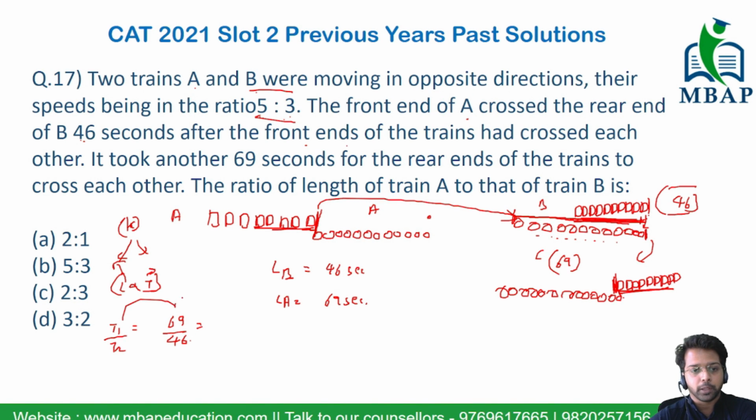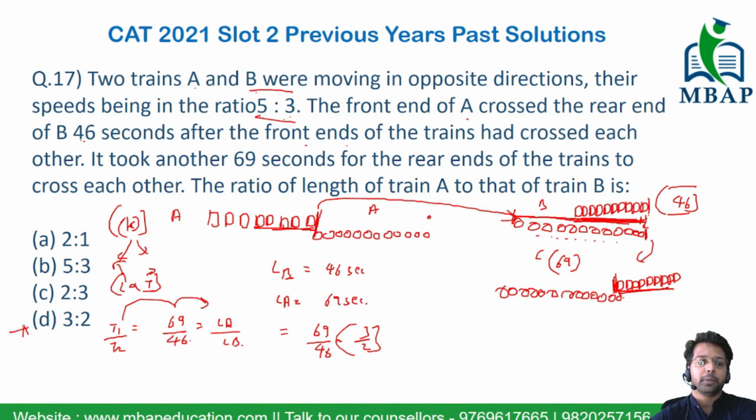So the same ratio will be the ratio of length of train A versus length of B, because my relative speed is exactly the same. So my final answer, the ratio of length A versus length B, will be 69 upon 46, which is nothing but 3 upon 2, and hence you will mark option D as the final answer for the given question.